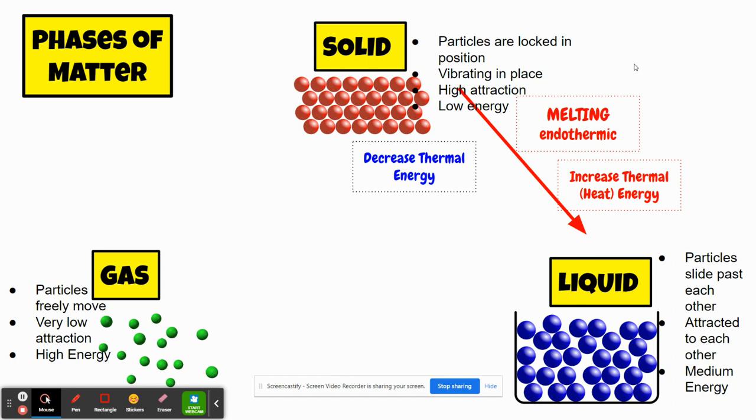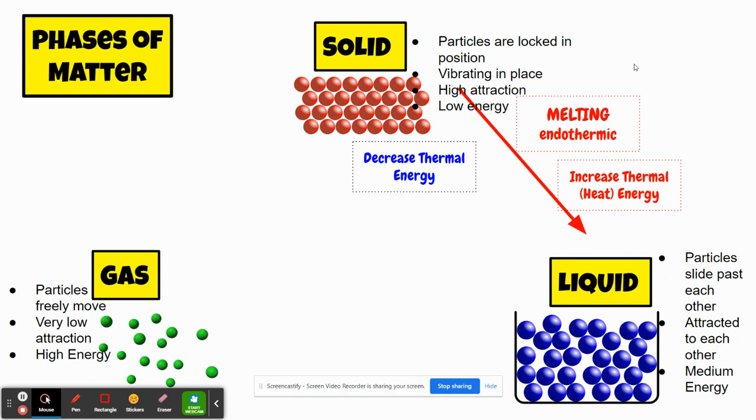Endothermic: energy is being added, it's going inside. Endo is energy in, and melting is the phase change. If you'd like to circle the word melting, you can. Whenever a solid melts to a liquid, it is called melting.